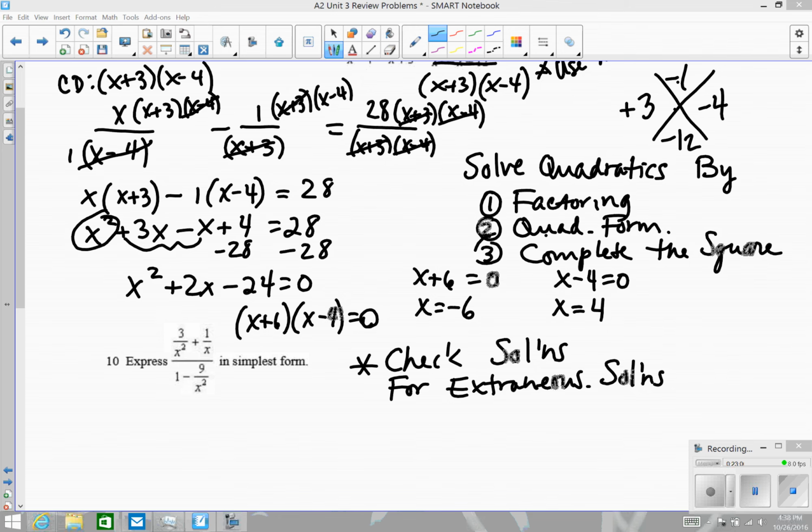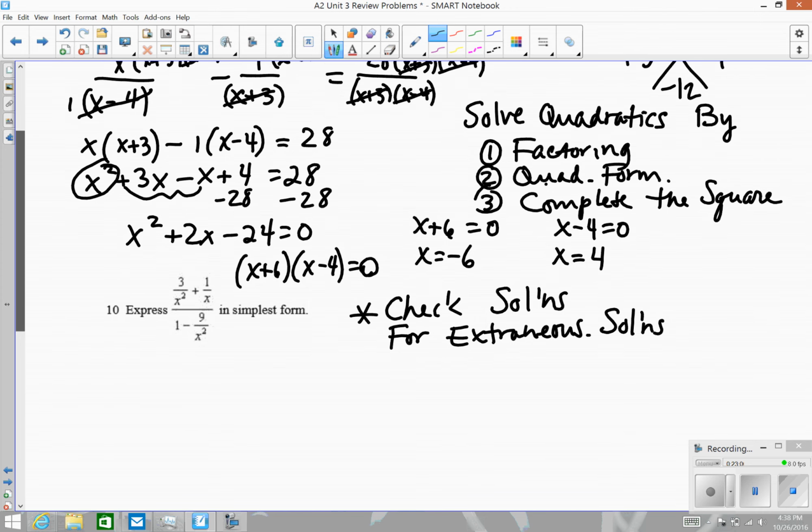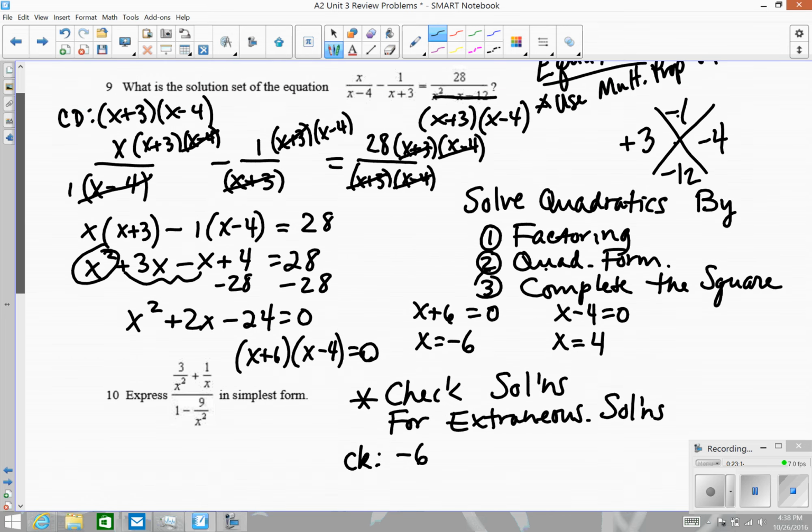Let's see, I'm going to keep going to this space down below for number 10, and then I'm going to erase so that I can then work out number 10. Okay, checking my solutions. If I first check a negative 6, I'm going to plug a negative 6 back into the original equation.